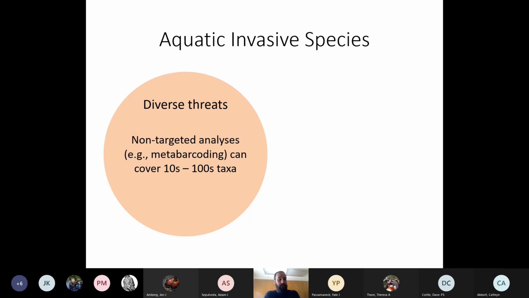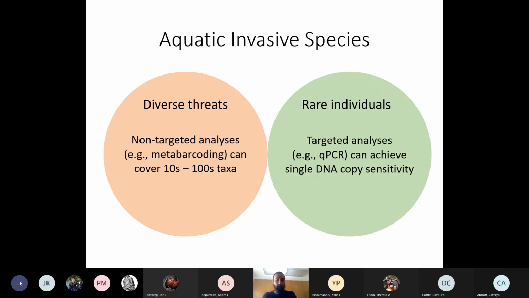They can be really cost effective and allow us to look for whole suites, taxonomic groups, with a single analysis. On the other side, when we're talking about rare individuals, some of our targeted analysis tools are probably the best fit. So things like digital droplet PCR and qPCR, because these can achieve single DNA copy sensitivity. They're really specific. We can optimize these analyses for the specific taxon that we're looking for.